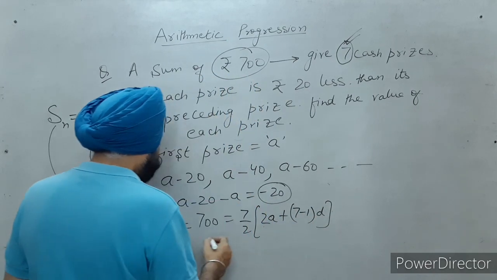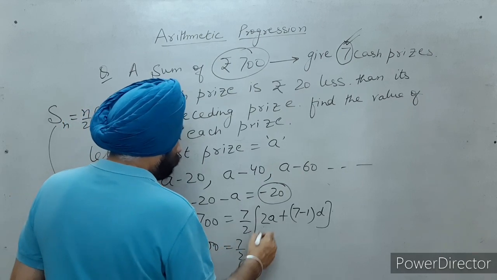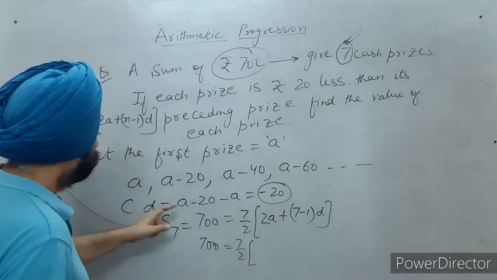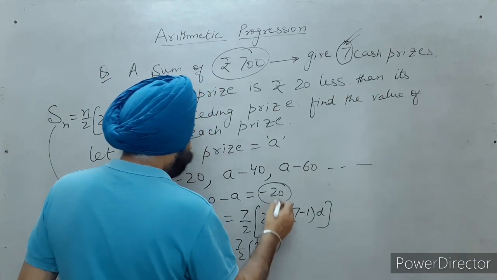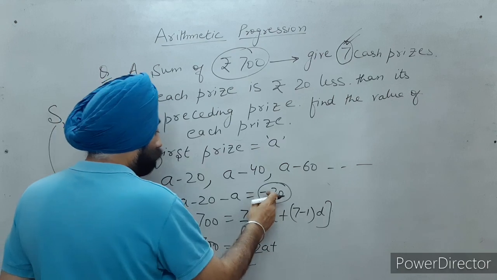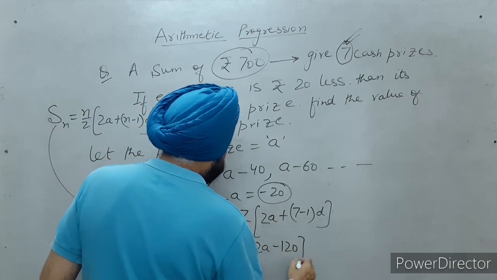Just put down the values: 700 equals 7 by 2, 2a is as it is, a plus 6 into d, 6 into minus 20, that is minus 120.